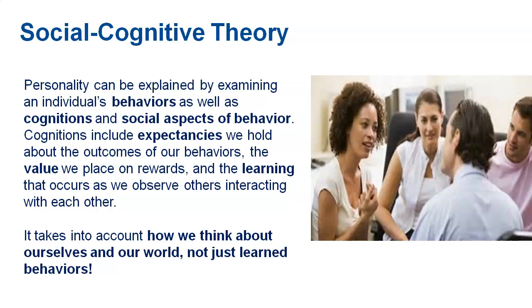This theory believed that our personality, how we behaved and presented ourselves, wasn't just learned behavior, like classical behaviorism would believe, but it was also these cognitions: how we think and evaluate a situation, the expectancies of the outcome of how we behave, learning, and then the social aspects of the behavior. So again, how are we supposed to be acting? What kind of personalities would benefit in this situation? And I believe that all those things worked together.